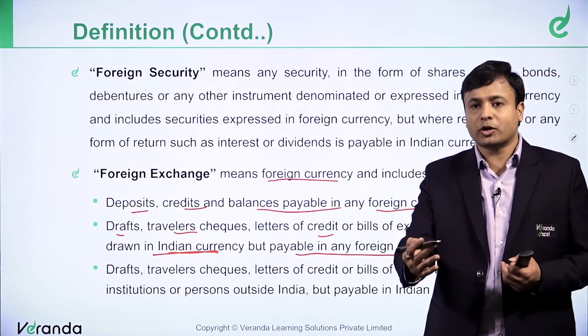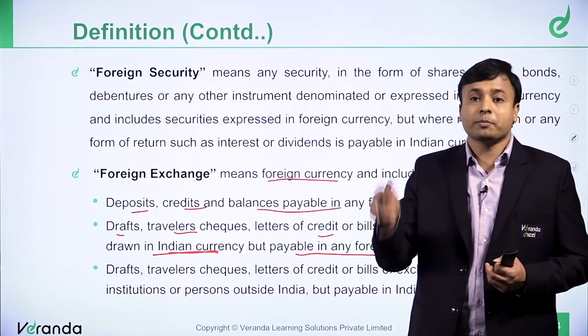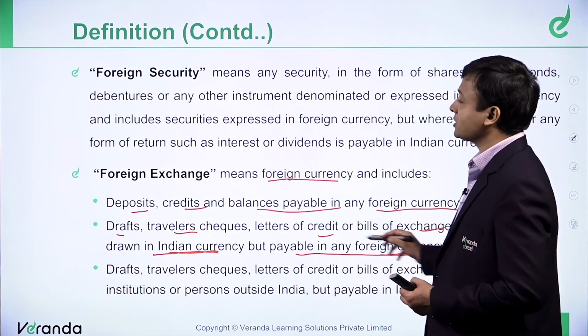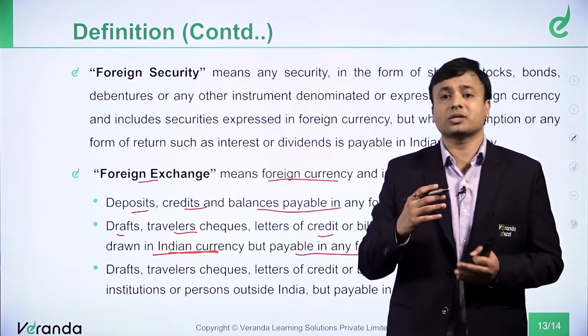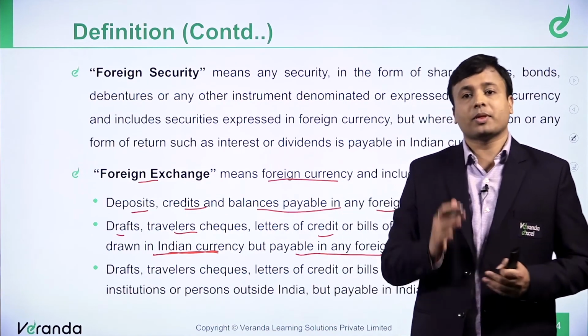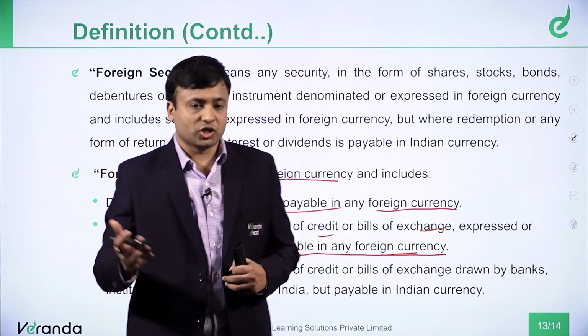When I swipe this card, it is payable in foreign currency. So even that is foreign exchange. These are denominated in Indian currency, but ultimately get paid in the foreign country as foreign exchange.